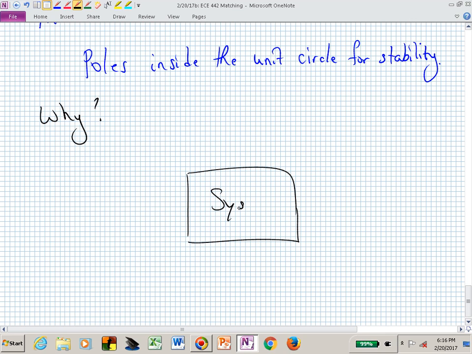Suppose this is the system, and we're exciting that system with some waveform, some signal, and we now are getting some response, the output. So this could be R of t in the time domain, but if this is the digital controls class, we might say that's R of n, and this is Y of n.